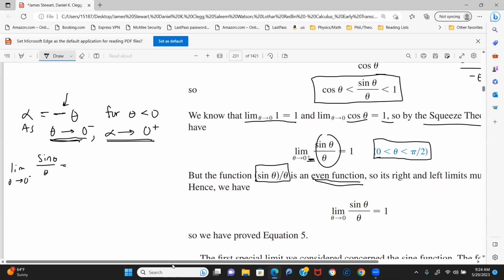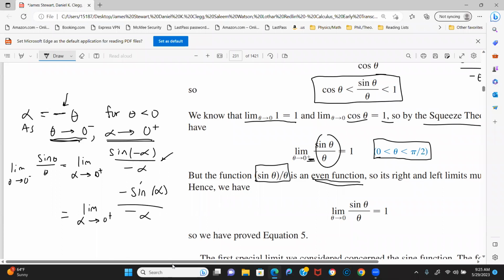Now use this equation to substitute. It's going to be the same as the limit as alpha goes to 0 from the right of sine of negative alpha over negative alpha. But as we noted, this is an even function, so you just go through the same steps that we just did.